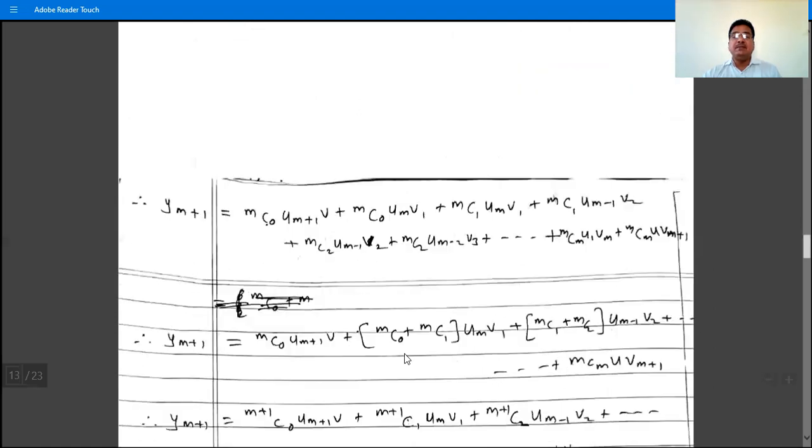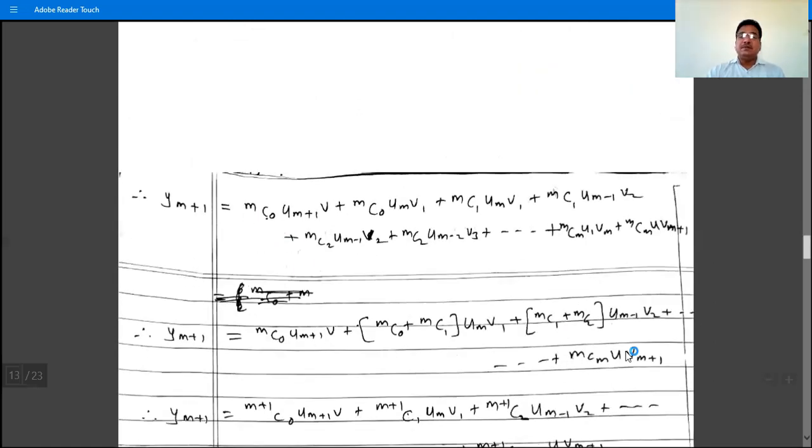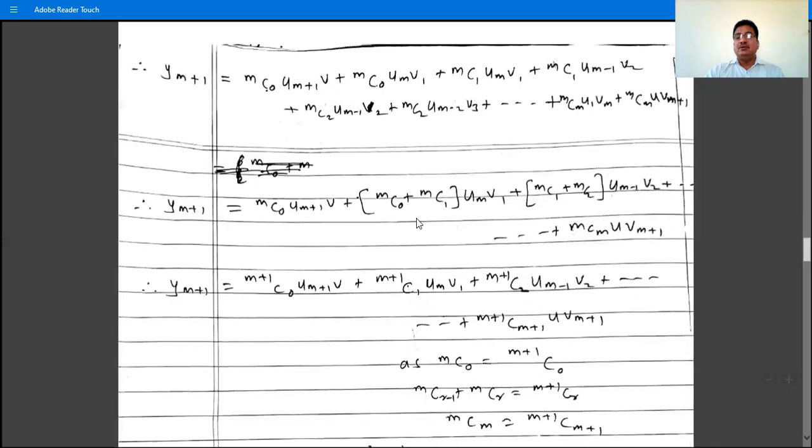Then write the first term as it is, mC0 u(m+1) v, and from the next two terms take um v1 as common. In the bracket we have mC0 plus mC1, times um v1. From the next two terms take u(m-1) v2 common, and in the bracket we have mC1 plus mC2. In this way, so on, the last term is mCm u v(m+1).